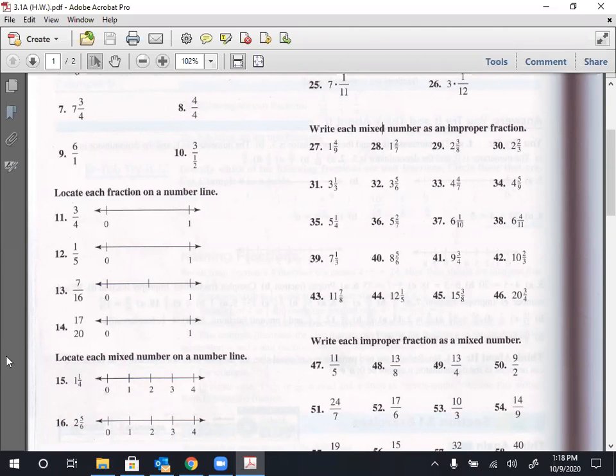That gives you 35. 35 plus 2 is 37. 37 over 7. Yep. Try one more. Try number 41. 9 and 3/4. 9 times 4. Okay, how much is that?